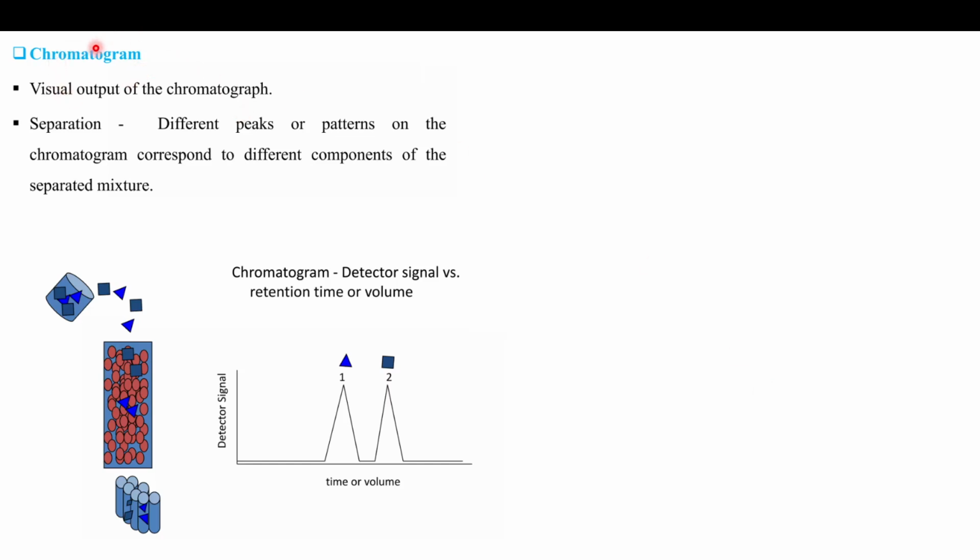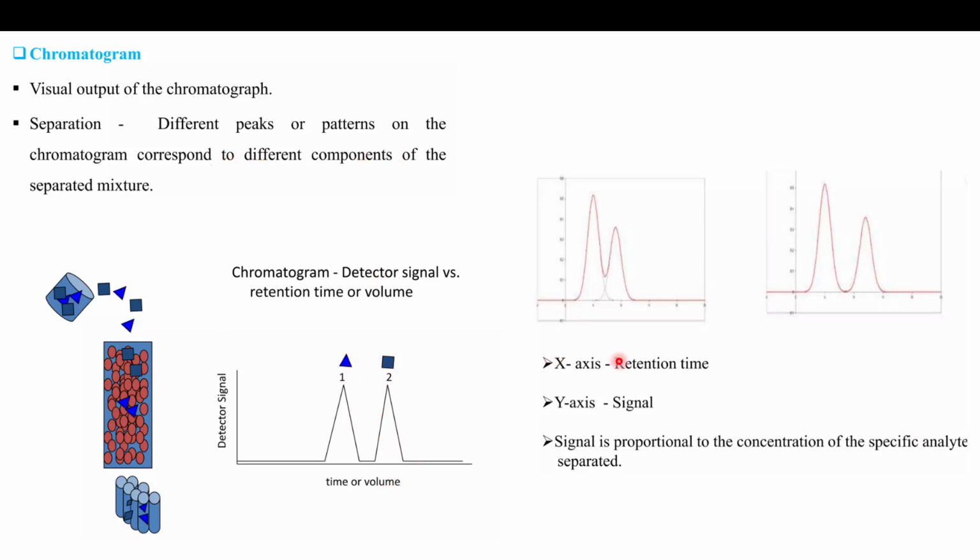Now then there's the chromatogram. This is the visual output of chromatography, and usually you see the separation as different peaks or patterns on the chromatogram. This is basically a chromatogram referring to the different components in the complete mixture. Usually it is represented in a graphical format where the x-axis, the independent variable, is the retention time.